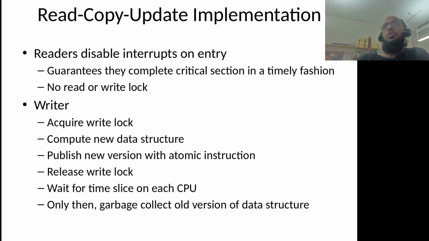So the way that the read copy update is implemented is that readers disable interrupts on entry, and they are guaranteed to complete the critical section before the grace period finishes. And there are no read or write locks, basically. And since you're disabling the interrupts, that means that you have to run pretty fast, so it's used in the kernel.